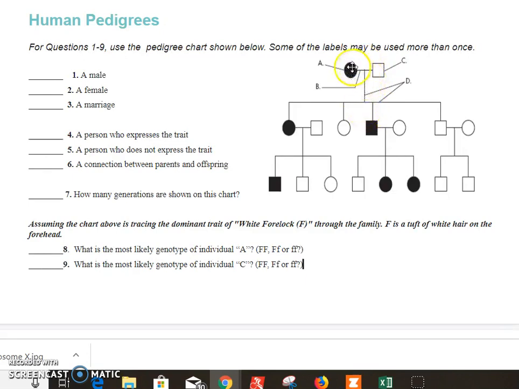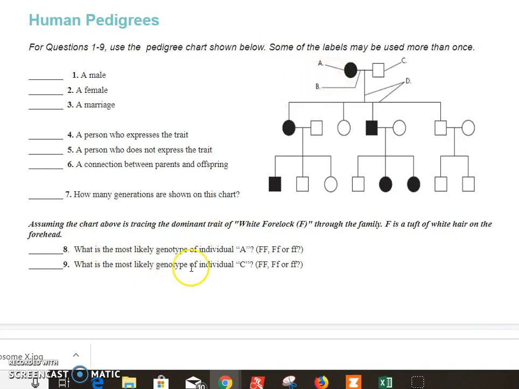I'm not going to do it for you right now, but you should realize that capital F and lowercase f will never result in any lowercase f kids. In this case, you have half the kids who are affected and half the kids who are unaffected. So we know that mom has to be heterozygous.